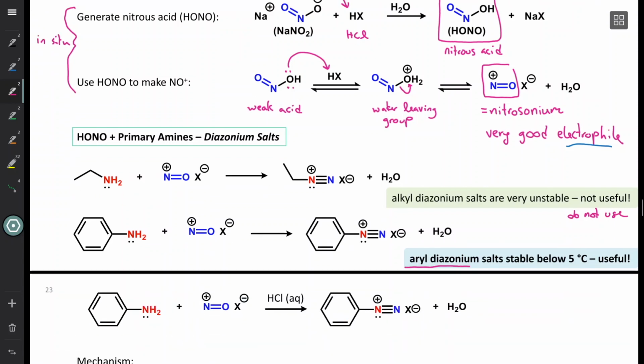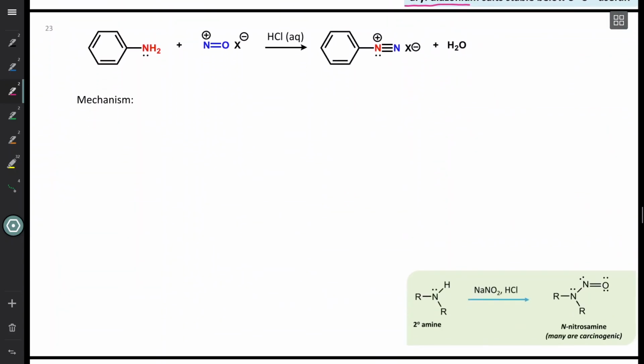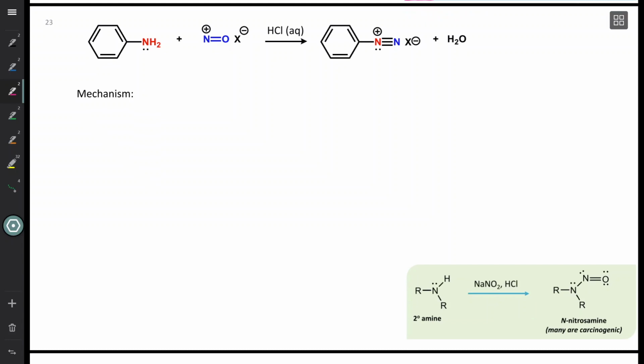So what does this mechanism look like? So I put HCl here, but basically other aqueous acid would work. So our nucleophile is our amine, and I will maybe shorten this, and our electrophile is the NO. And so it's this lone pair that attacks at that nitrogen.